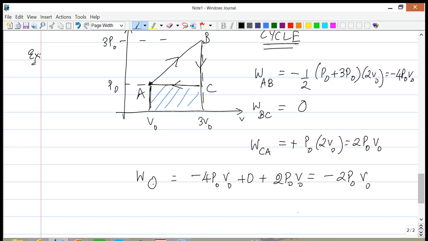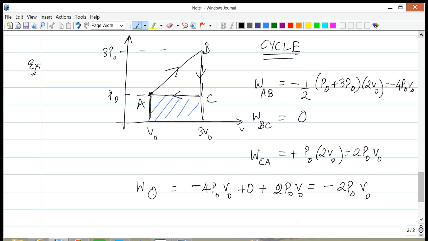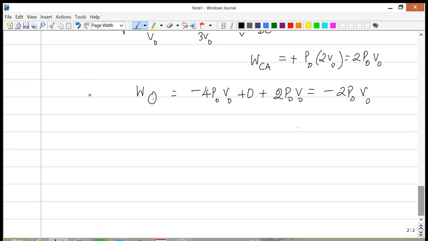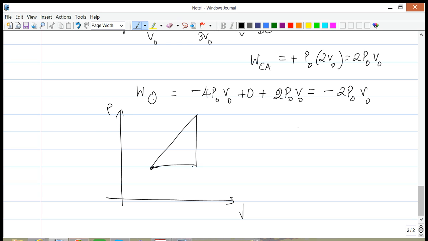Okay, so we can do this the long way, but there is a quicker way to obtain this final answer. If you look at this diagram, I'm going to redraw it again. We have the pressure here, the volume here, and the pressure goes from here to here and here and here. I'm going to use colors to represent all the areas.